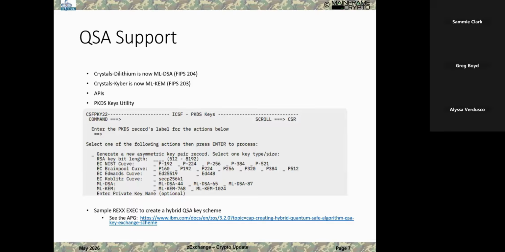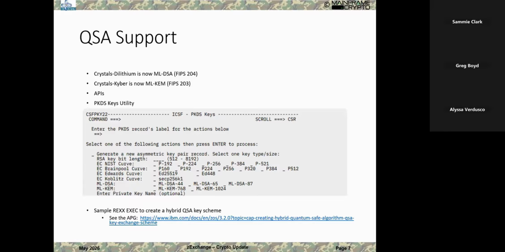You're not going to use this PKDS keys utility to generate lots of production-level keys. However, it is a handy little utility if you want to try things out and try using a DSA key or a KEM key. You could use this to create one and then maybe develop some REXX execs that would use the APIs with those keys.